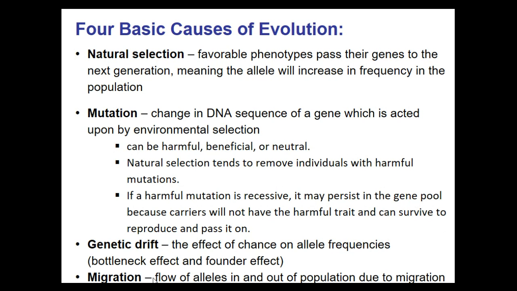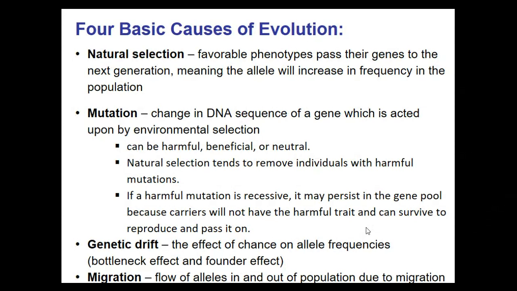Gene flow, or migration, is alleles coming in or out of a population, because individuals come and go from populations, and they bring their alleles with them. For example, if there was an island, and everyone on that island was Caucasian, white, but then a few black people moved onto that island, they would have some different alleles, and that's a form of gene flow.